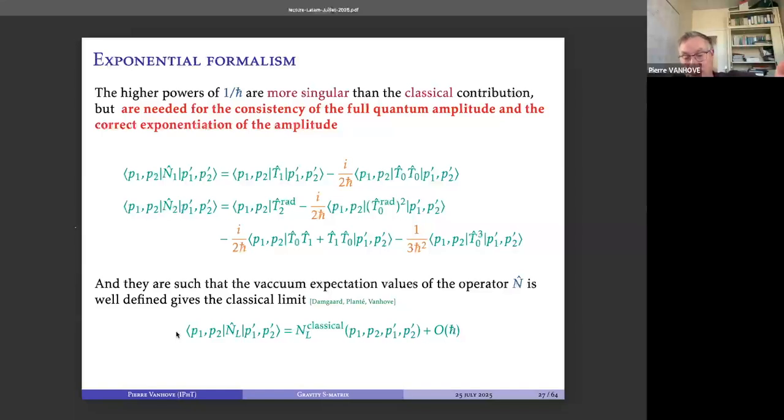Of course, you can include it, because if you know the interaction in your Lagrangian, you can compute the scattering amplitude. That means you compute the new modified scattering amplitude that you can feed into your classical post-Minkowskian potential and see how it fits the gravitational wave data better or worse.